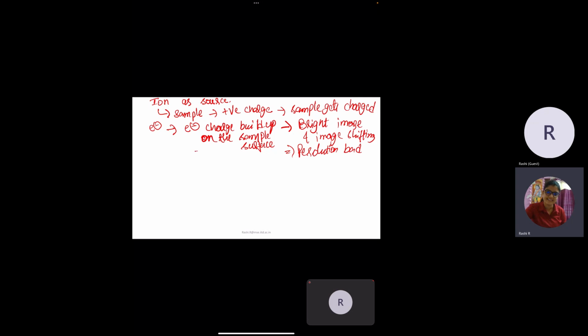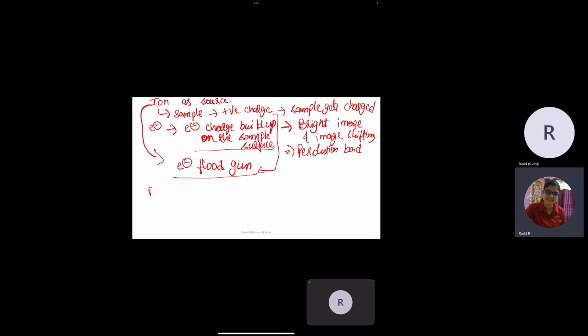Because of charge buildup. So in the case of ions, what we can do is give an electron flood gun. It will neutralize the positive charge that is present on the sample and we will be able to image directly.